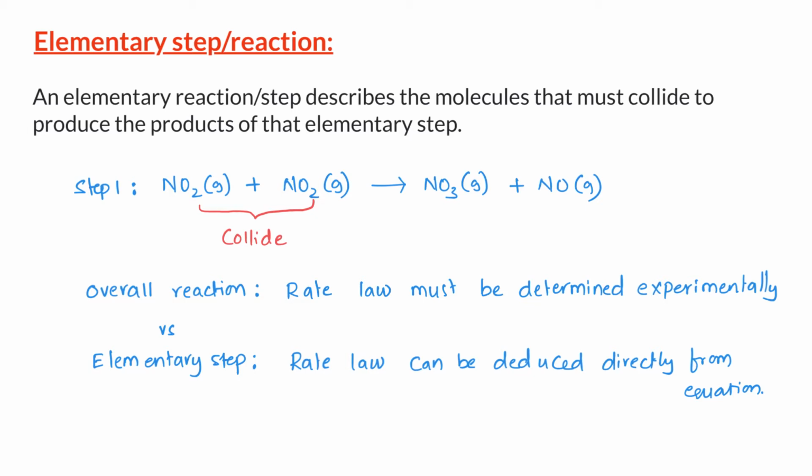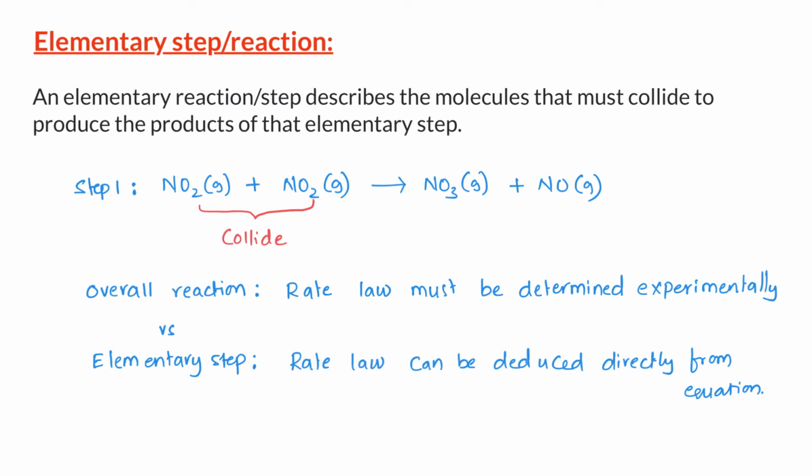The rate of an elementary reaction is equal to the product of a rate constant and the concentrations of reacting species, each raised to a power which is equal to its stoichiometric coefficient.